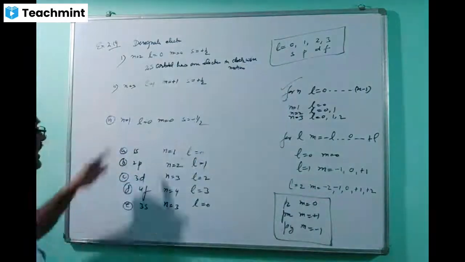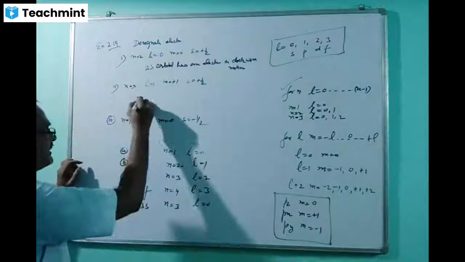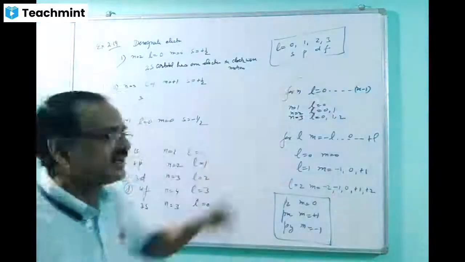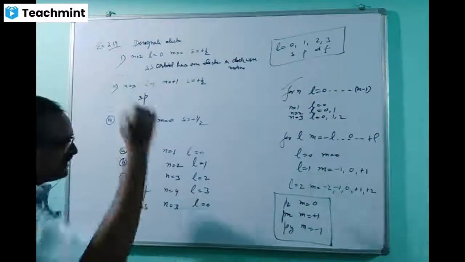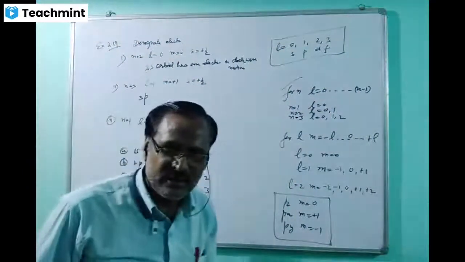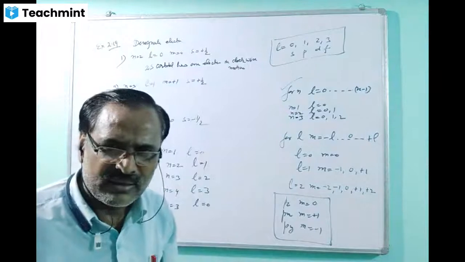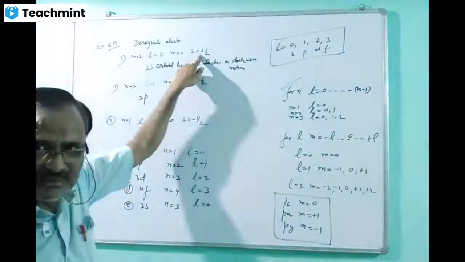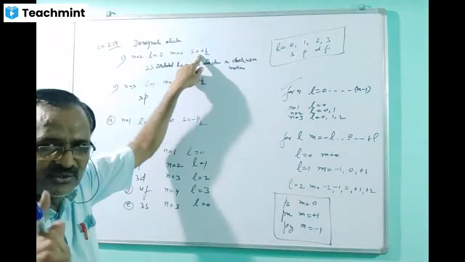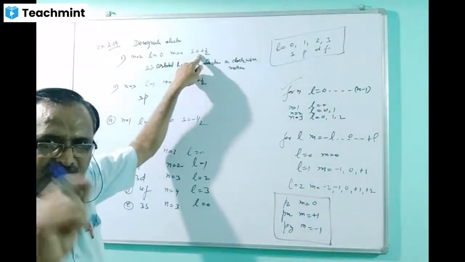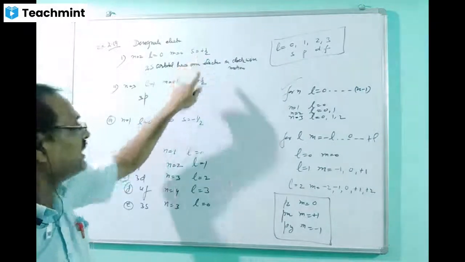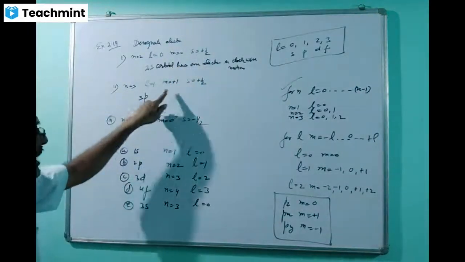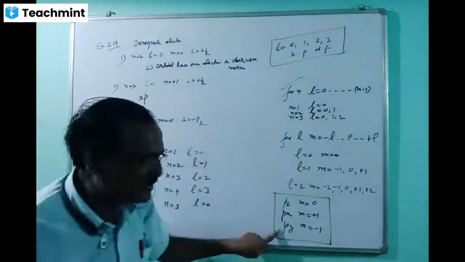Now this N is equal to 3, L is equal to 1. What are you getting? p. Sir, how can we say that it has only one electron? Just you see, the value of S is only one given, no? Plus half. Yes. If the value of S is only one, it means one electron. If plus and minus half are there, then two electrons. Here N is equal to 3 and L is equal to 1, 3p. Now, this knowledge is required.